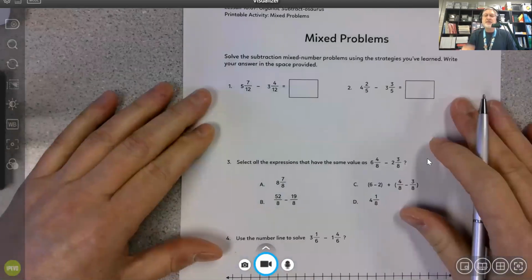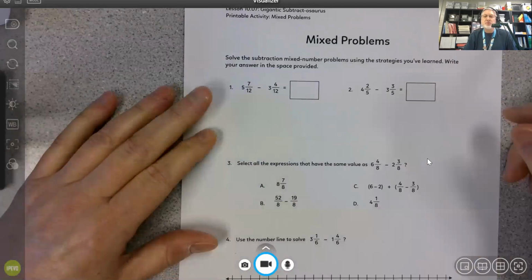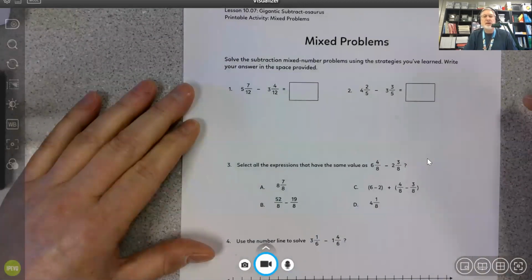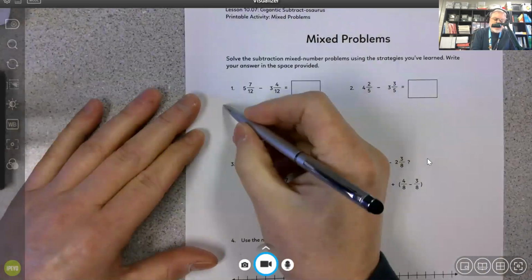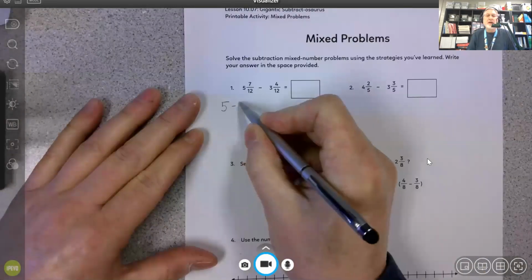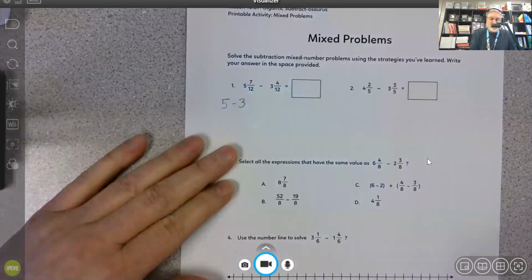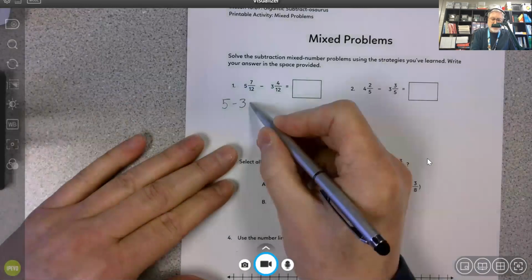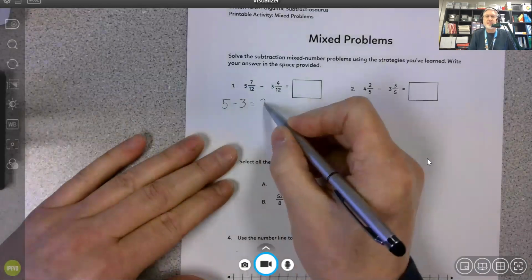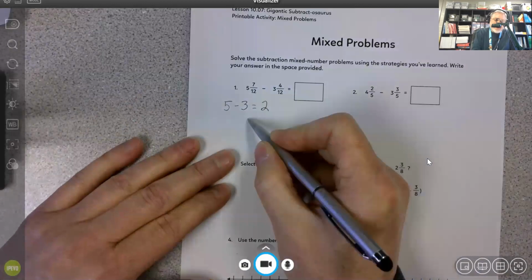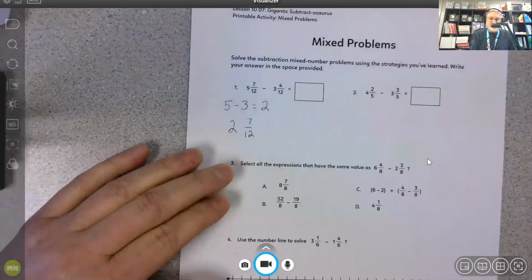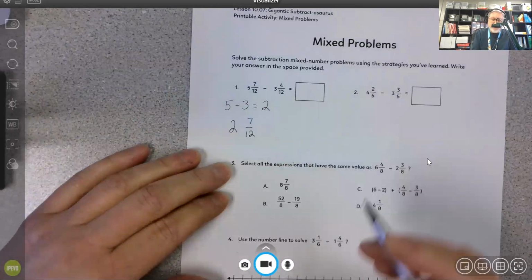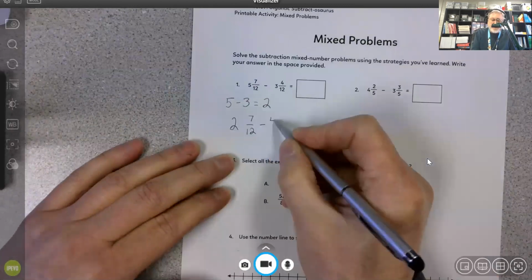All right, so I'm going to show you two different strategies when we subtract. The first one is going to be similar to the one that we had for addition. On this one, I'm going to subtract my whole numbers first. So I do 5 minus 3 equals 2. Then I'm going to subtract 7/12, and I'm going to bring my 2 down because 2 really is attached to the 7/12, minus 4/12.